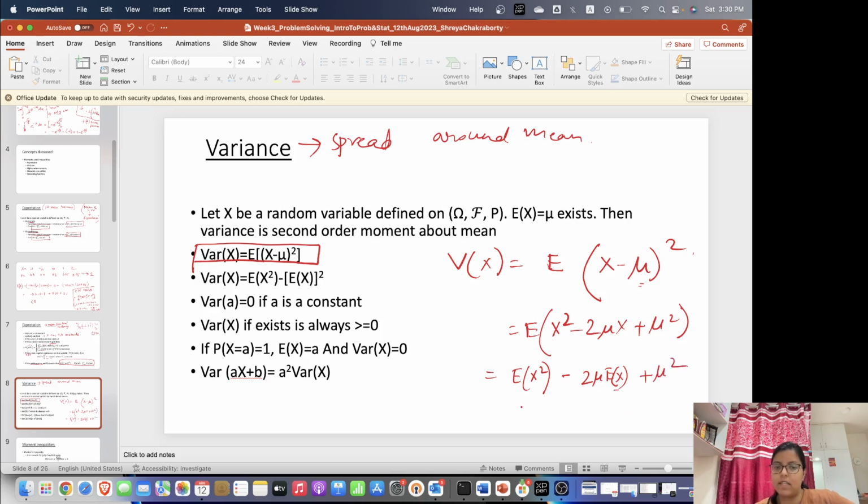The expectation of x is again mu, so we can write expectation of x square minus 2 mu square plus mu square, which is expectation of x square minus mu square. So instead of mu, we are writing expectation of x whole square.